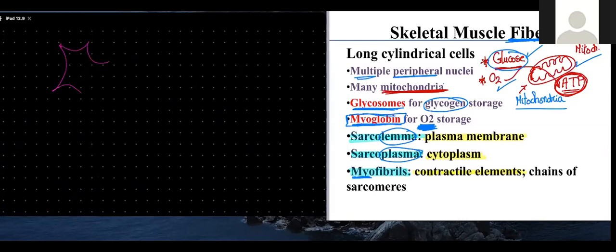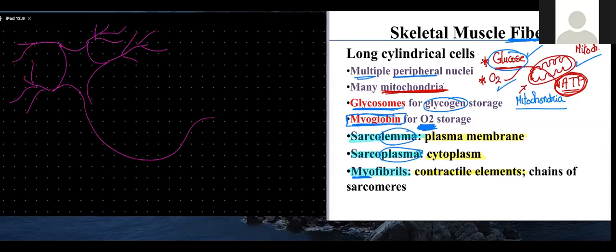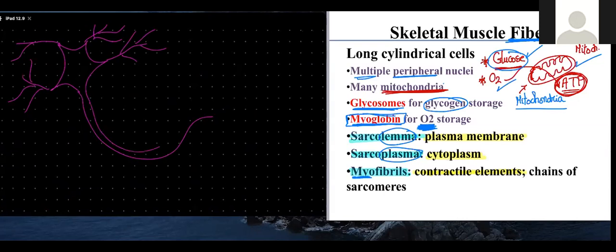So if I'm drawing a single nerve cell, this is how a nerve cell is going to look. It has a cell body. It has short tapering processes. And it has a long process. We call this the axon.